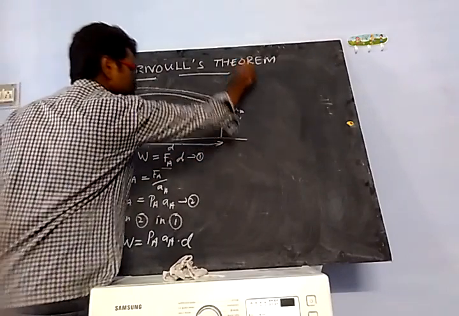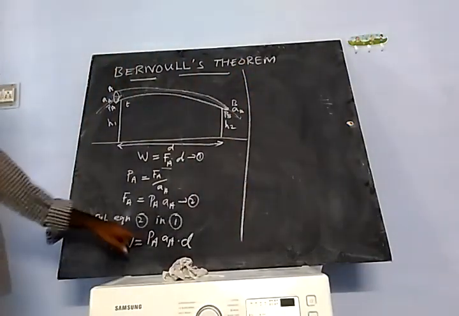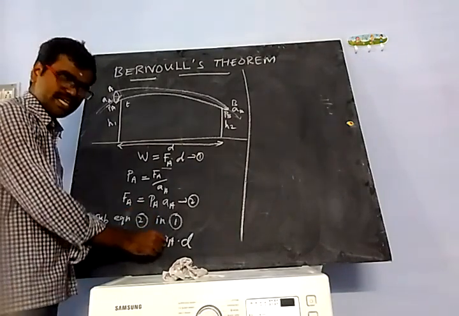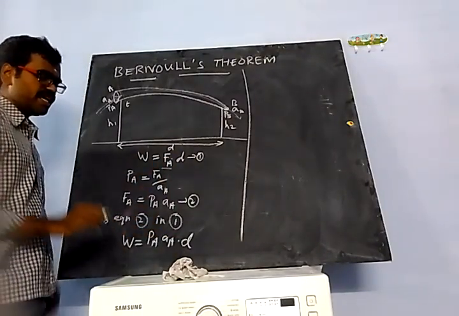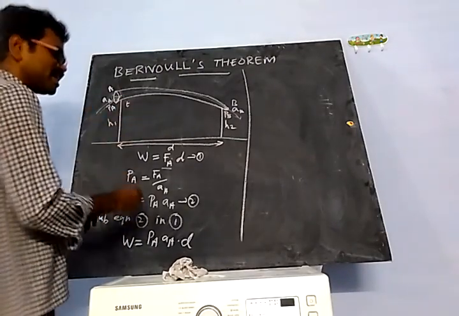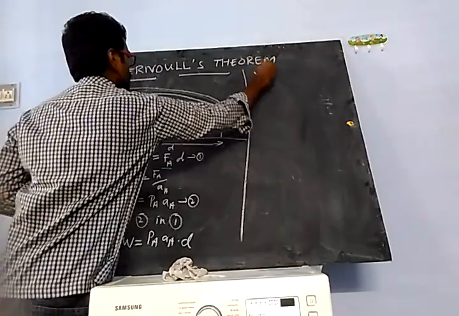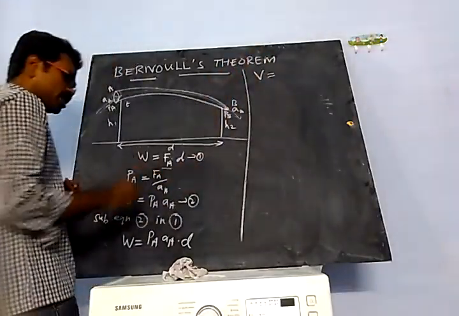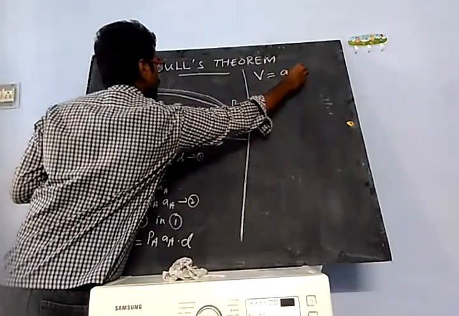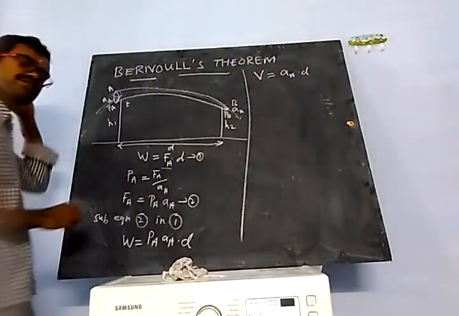Then P_A A_A into d. Here A is the area and d is the distance. Area into distance, what is this? This is called a volume. So volume V is equal to area at the point A into distance d.